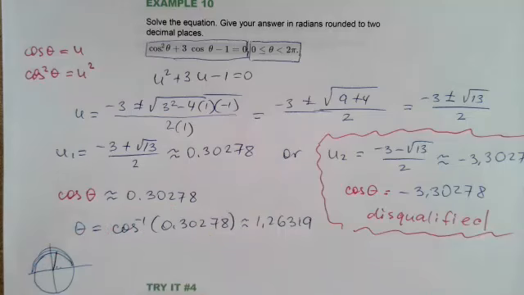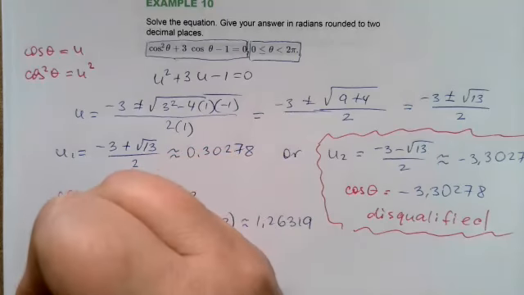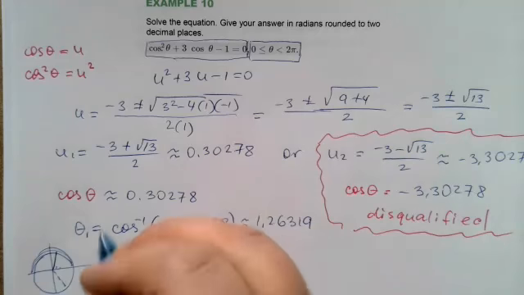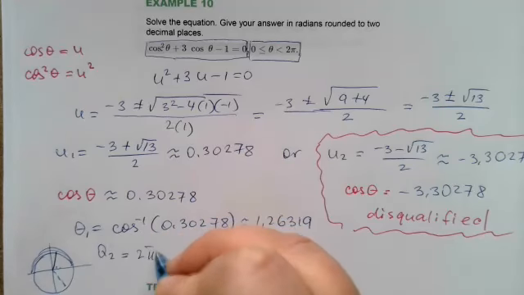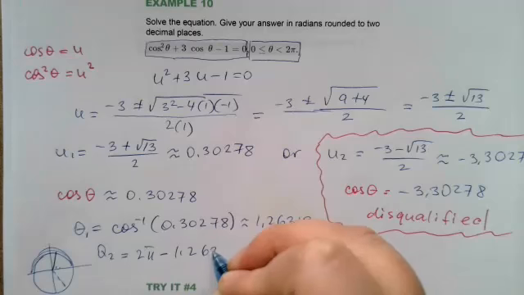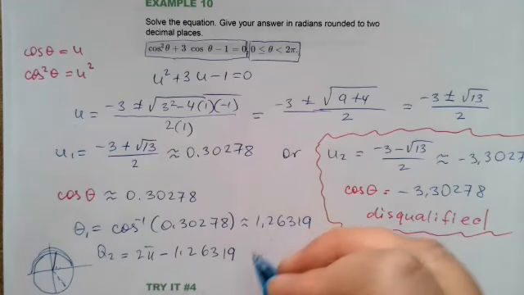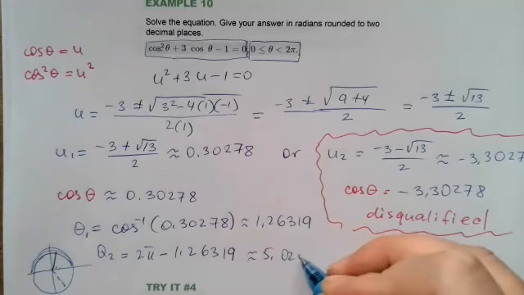So that's your angle. Do we have another angle? Yeah, we have another angle here. So theta 1 is here. Now theta 2 is going to be 2 pi minus 1.26319, and that will give me approximately 5.02.